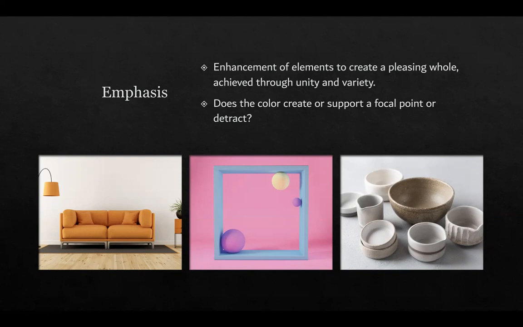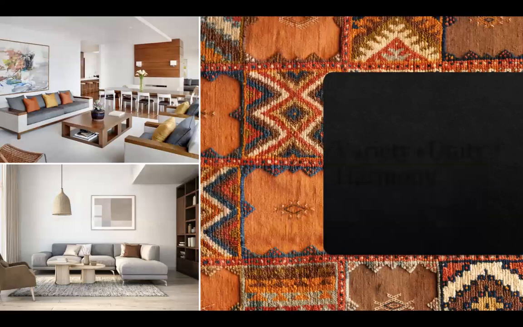I would say possibly the plant as an example. In the middle image, the background color really helps focus on the square and the spheres as the focal point. And lastly, a very simple image, but all the colors focus on the golden bowl in the middle as the emphasis.